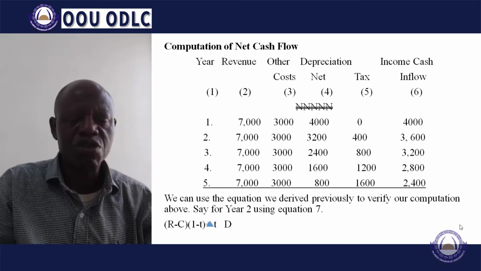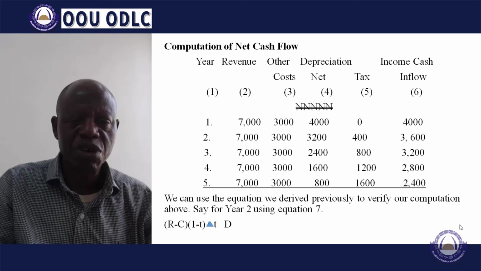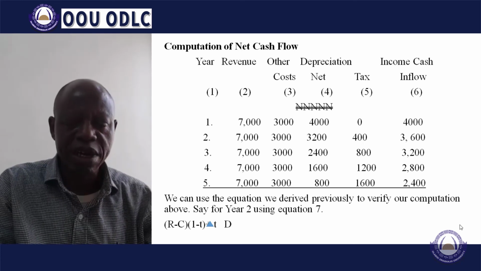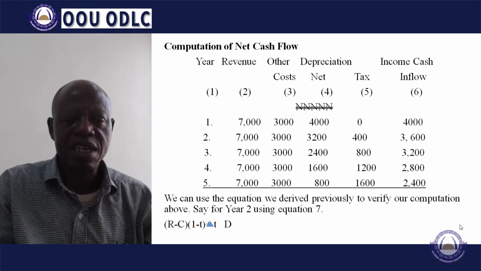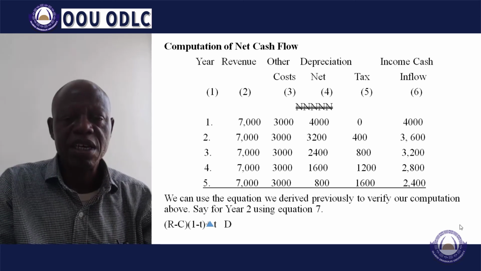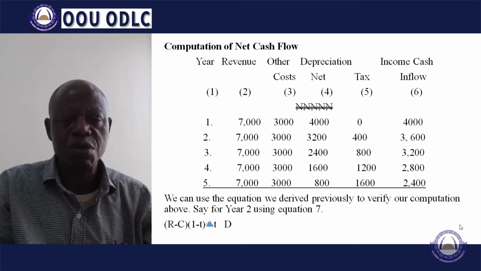This is briefly what we refer to as the cash flow analysis. We generate most of these figures by actually going to the market, doing a market survey. We know the number of units of goods to be produced.